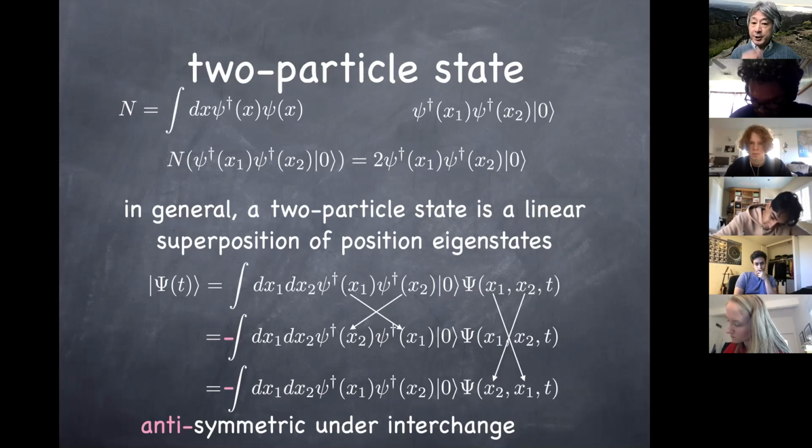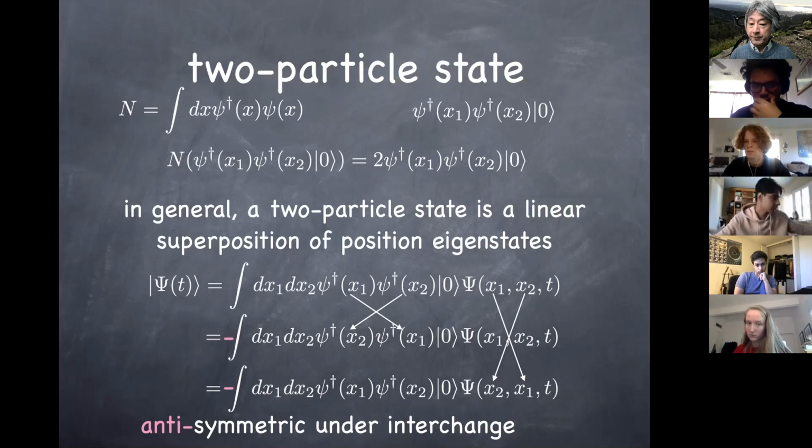But whenever you interchange two creation operators, you always get this minus sign, which translates to the interchange of arguments of this multi-body wave function. And if you interchange any of the pairs, two coordinates in this function, then you get a minus sign now. And therefore, this coefficient function is anti-symmetric under interchange of any pairs of arguments.